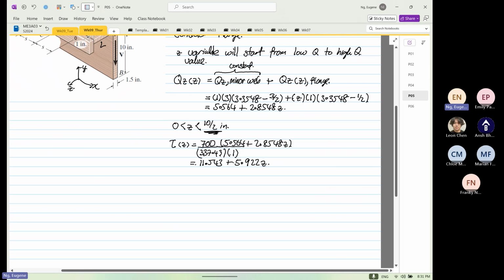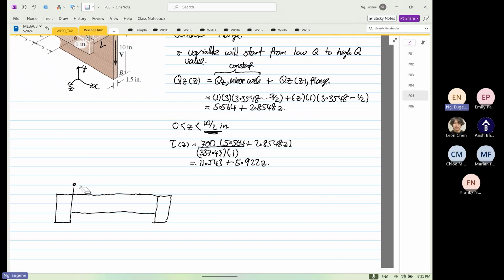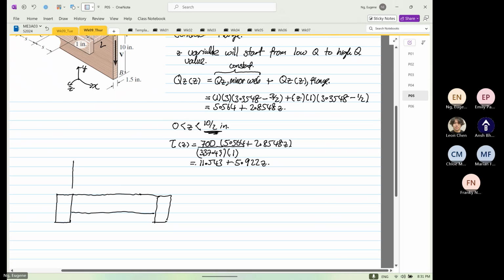Okay, so if I were to now consider this, right, we have this. So over here, our shear stress is equal to 11.543. Okay, so our draw up to here, up to here. So this is 0. This is 5 inch.